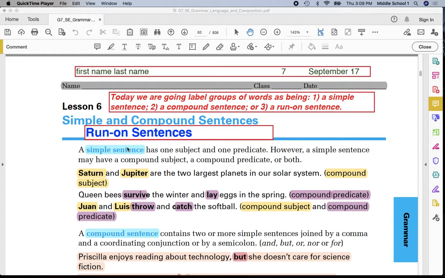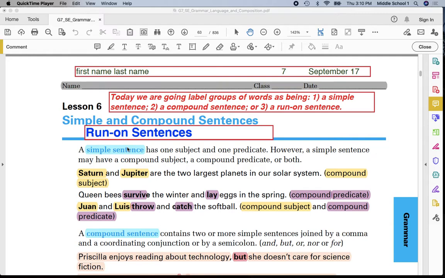Saturn and Jupiter are the two largest planets in our solar system. This is a simple sentence. It contains a compound subject, but it is only one sentence. Example 2. Queen bees survive the winter and lay eggs in the spring.